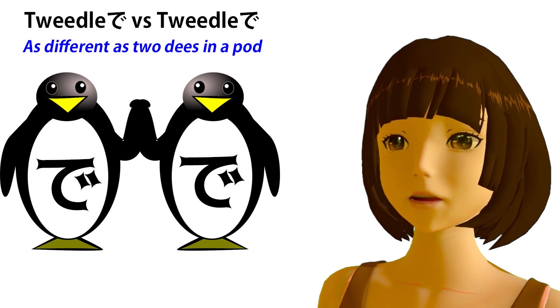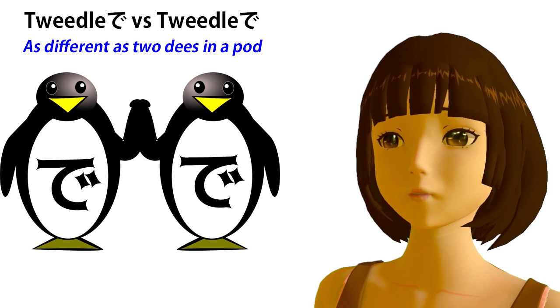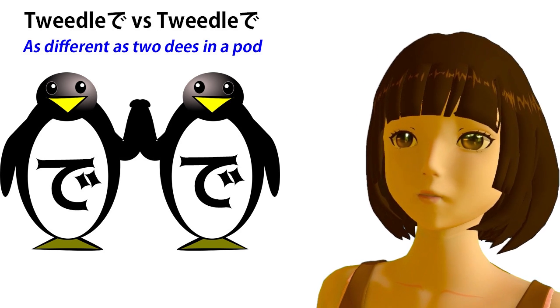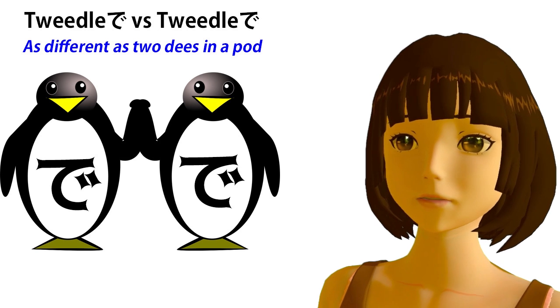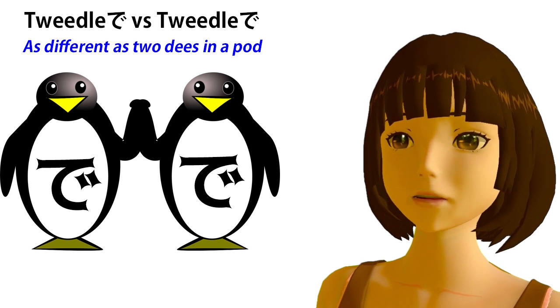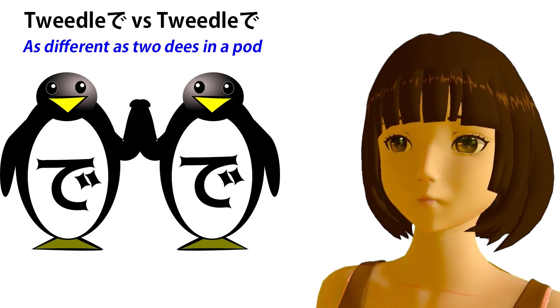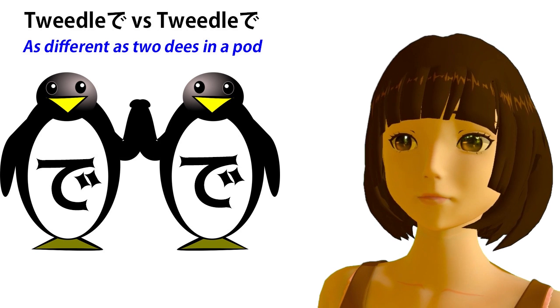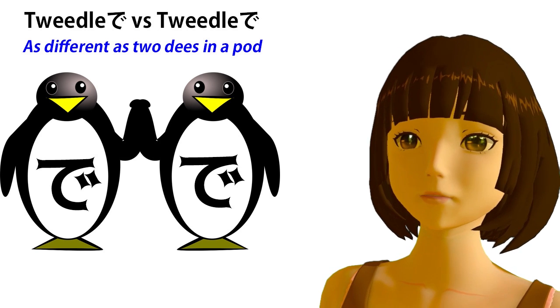However, there is another de, which is not a particle, which is also used very frequently in Japanese, and the textbooks make no attempt to distinguish these two completely different but identical looking elements.